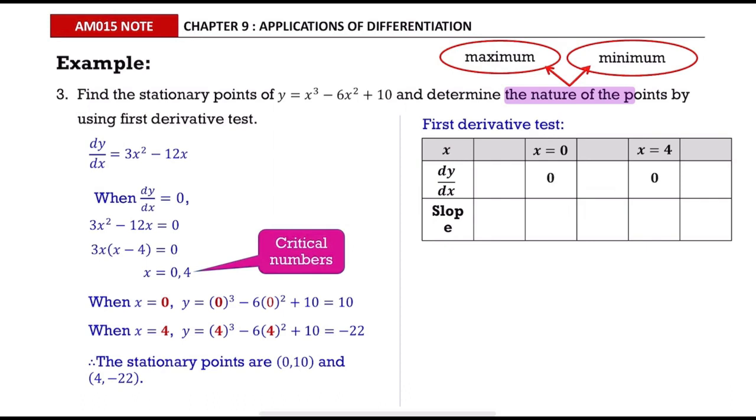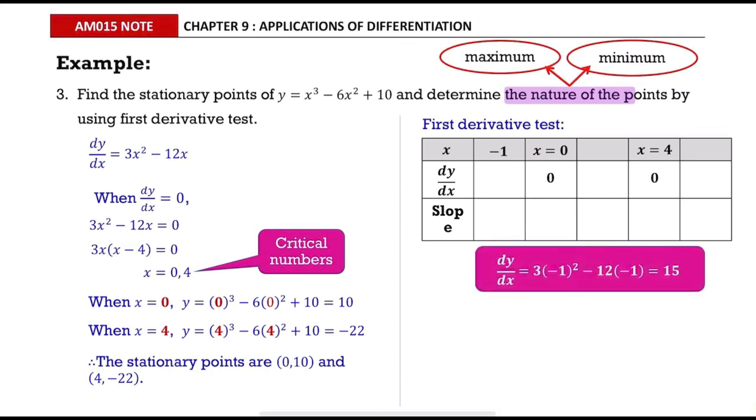On the left side of 0, we choose negative 1. You can choose any other value, but make sure it is less than 0 because it is on the left side of 0. So substitute negative 1 into dy/dx, we get positive 15, so the sign is positive.